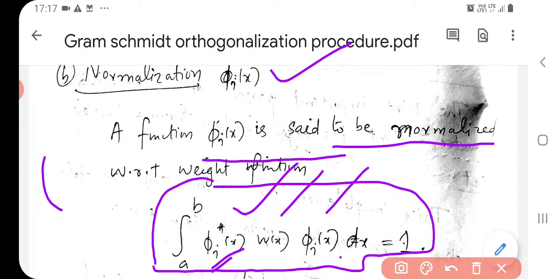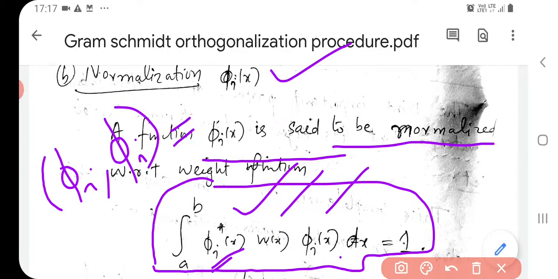Or we can say if the inner product of phi i with phi i is equal to 1, the function phi i is normalized.